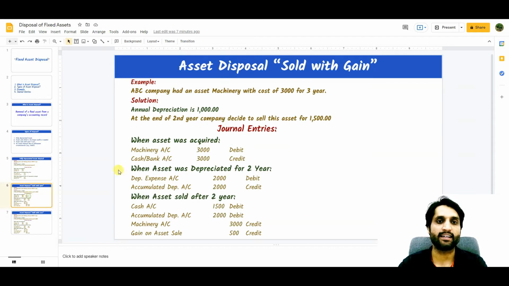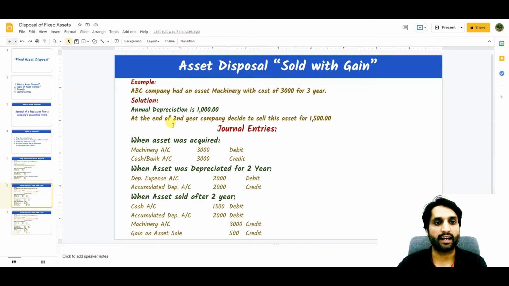Now let's see asset disposal when we are selling an asset at a gain, where we earn something on that asset. Example: ABC company had a machinery asset with a cost of 3,000, the same example, for 3 years, so yearly depreciation is 1,000. At the end of the second year, the company decided to sell this asset for 1,500.